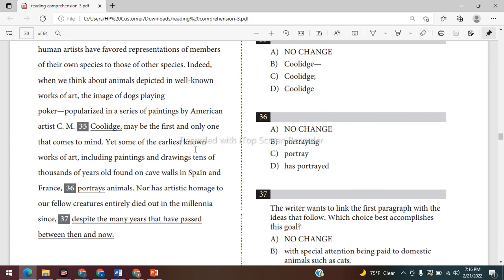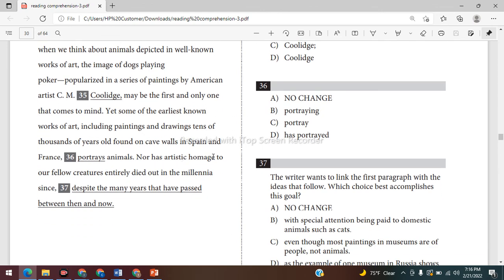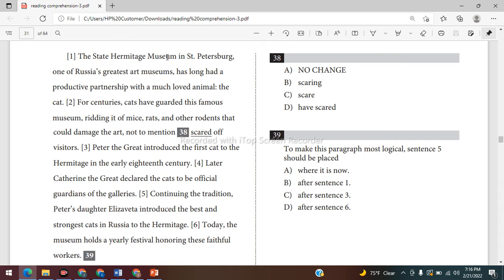Yet some of the earliest known works of art, including paintings and drawings tens of thousands of years old found on cave walls in Spain and France, portray animals. Nor has artistic homage to our fellow creatures entirely died out in the millennia since. The State Hermitage Museum in St. Petersburg, one of Russia's greatest art museums, has long had a productive partnership with a much-loved animal, the cat.